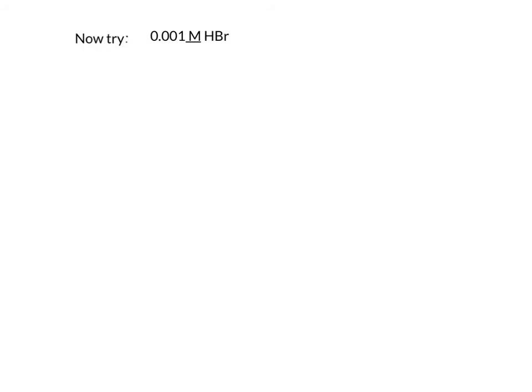Now let's try 0.001 molar HBr. Here's what we're working with. This is the HBr. On yours it says HCl. Okay, what is step 1? Step 1, acid, base, or neutral. We see here that we have an acid. That means that it will tell us hydrogen ion directly.